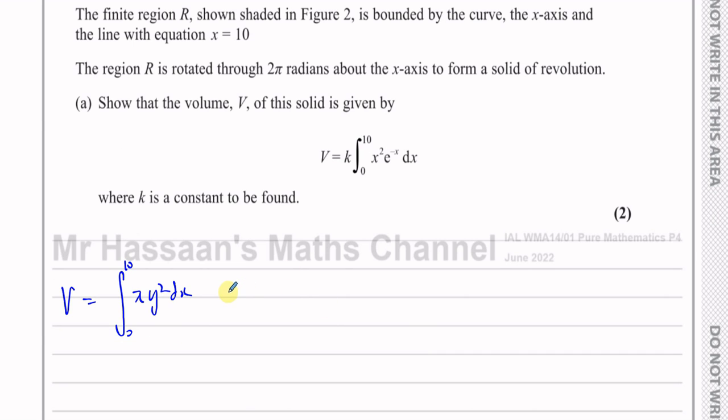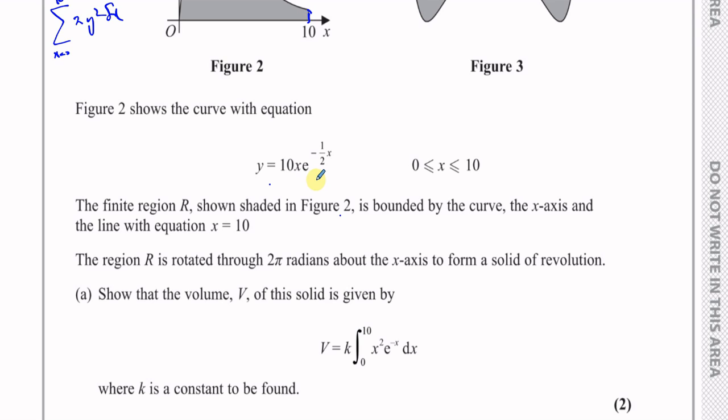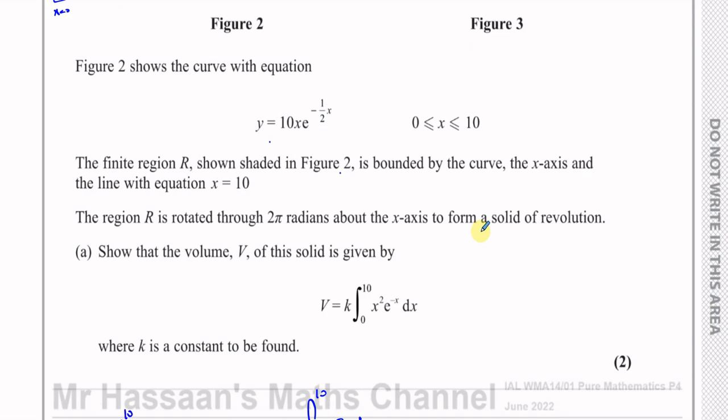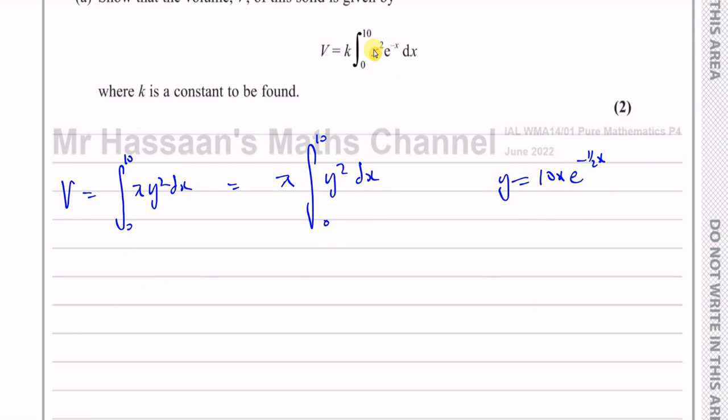I like to write it as pi, because it's a constant, times the integral of y squared dx, with the limits from 0 to 10. We know that y is the original formula, y equals 10x times e to the power of negative a half x. So all we need to do now is put that instead of the y.